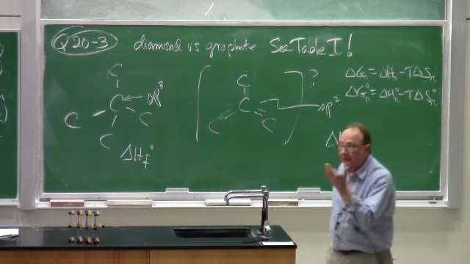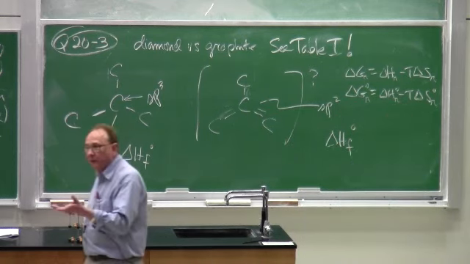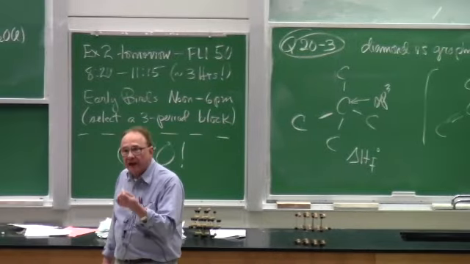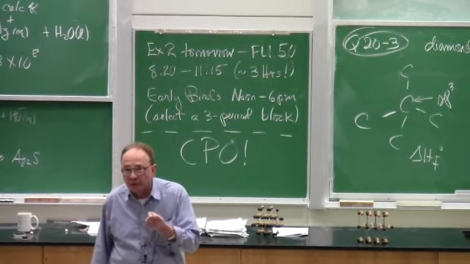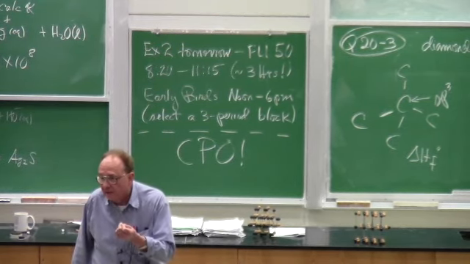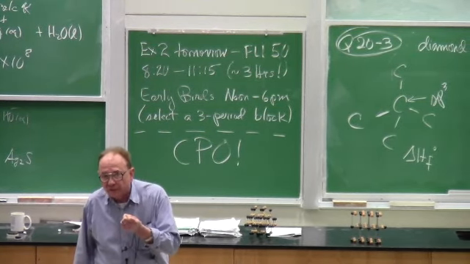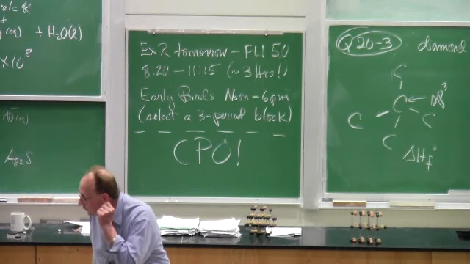When you talked about delta H in 2045, did you recognize that the higher the enthalpy of a stuff, the more stable or less stable it is? The higher its enthalpy, more stable or less stable? Less.